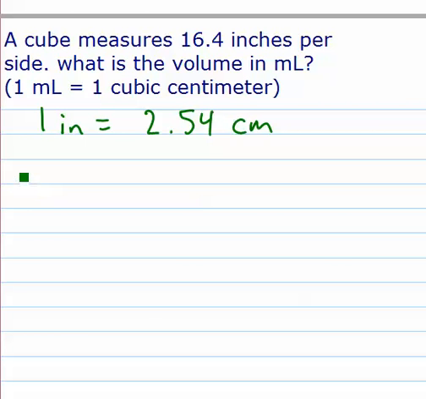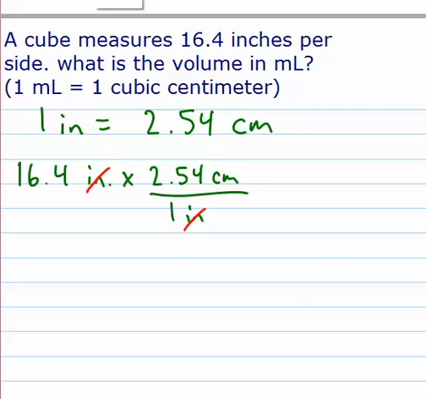So we are going to begin with what we are given, 16.4 inches. We are going to arrange our conversion factor such that inches cancel and we are given centimeters. So we will multiply this by 2.54 centimeters per 1 inch, noting that our units are canceling correctly.